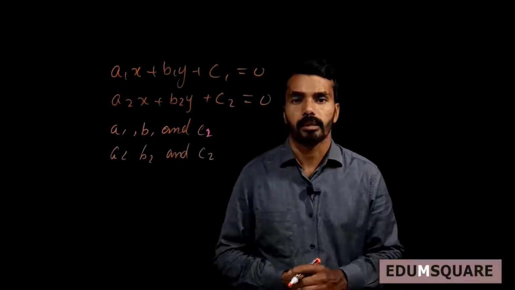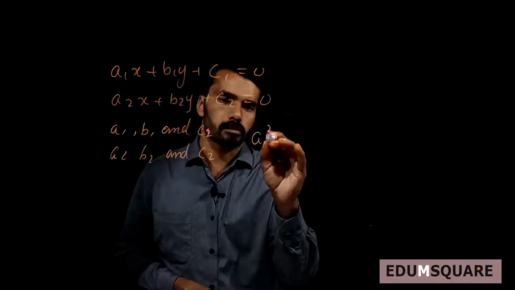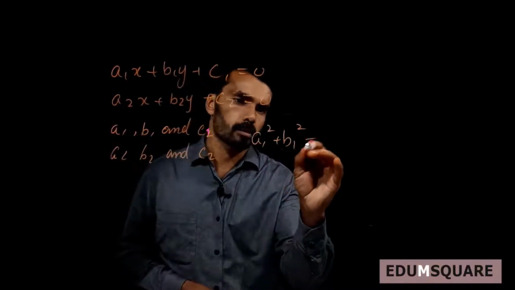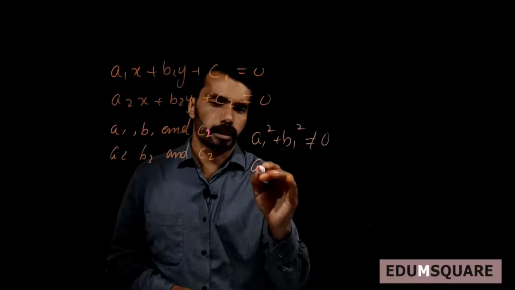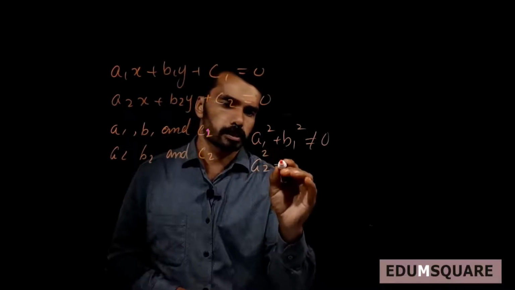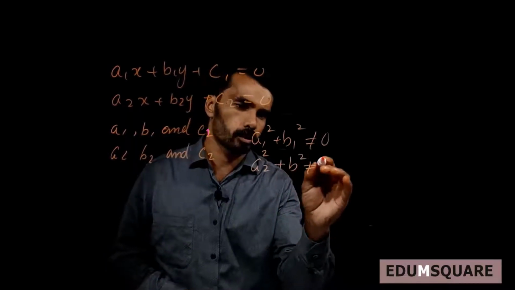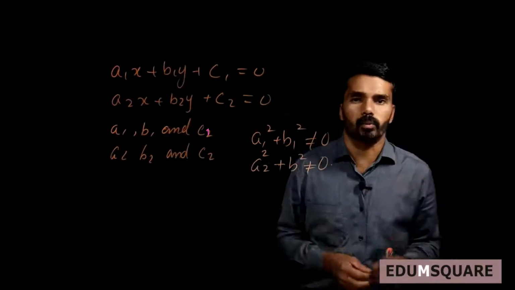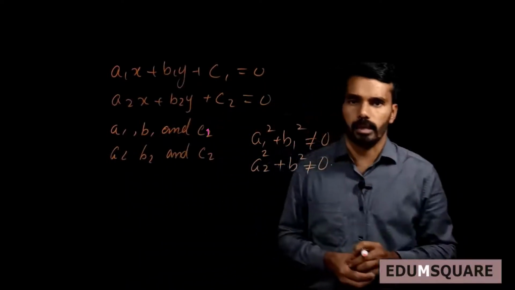What is that condition? Yes, a1 square plus b1 square not equal to 0, then a2 square plus b2 square not equal to 0. Okay, these things we have learned in the last class.